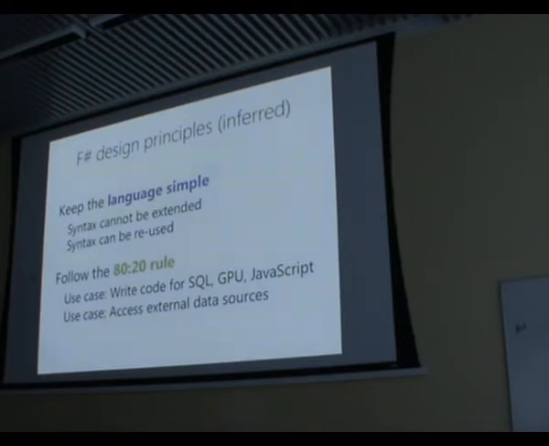And the other principle, I guess, is this arbitrary 80-20 rule. The numbers are just random, but the idea is, we want to cover the most common use cases and have some nice language support for that.